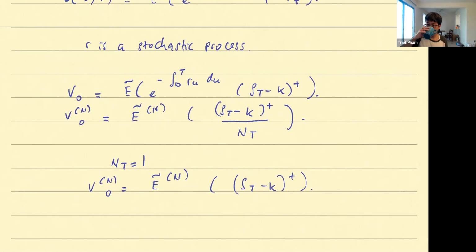Anyone? Do you know any price process that at their expiration is guaranteed to end up at 1?